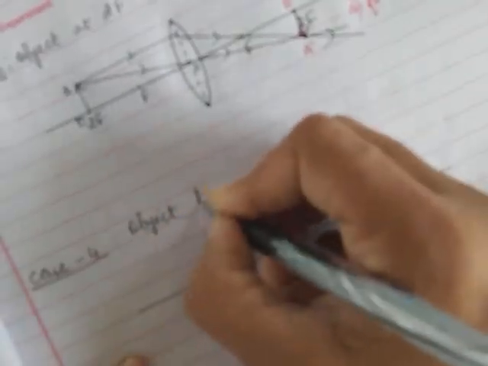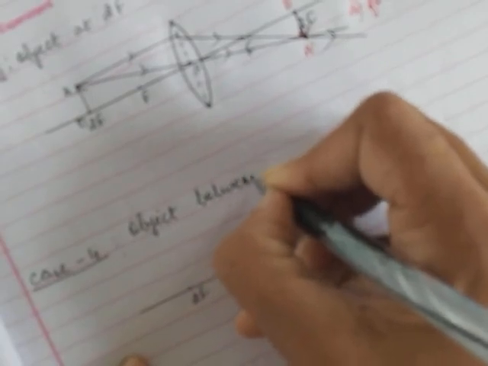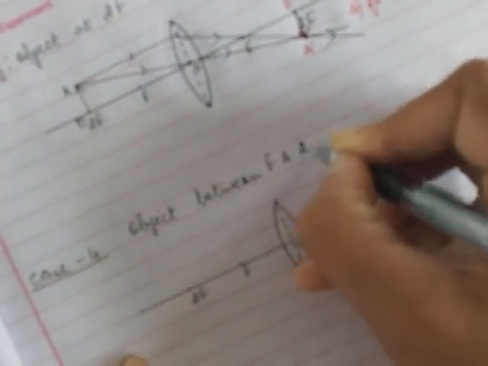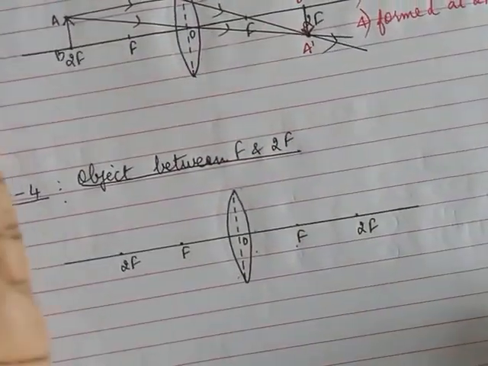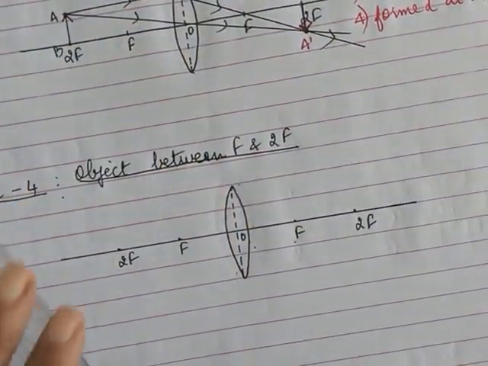Object between f and 2f. Okay, children, we are shifting the object, we are just getting closer to the lens.